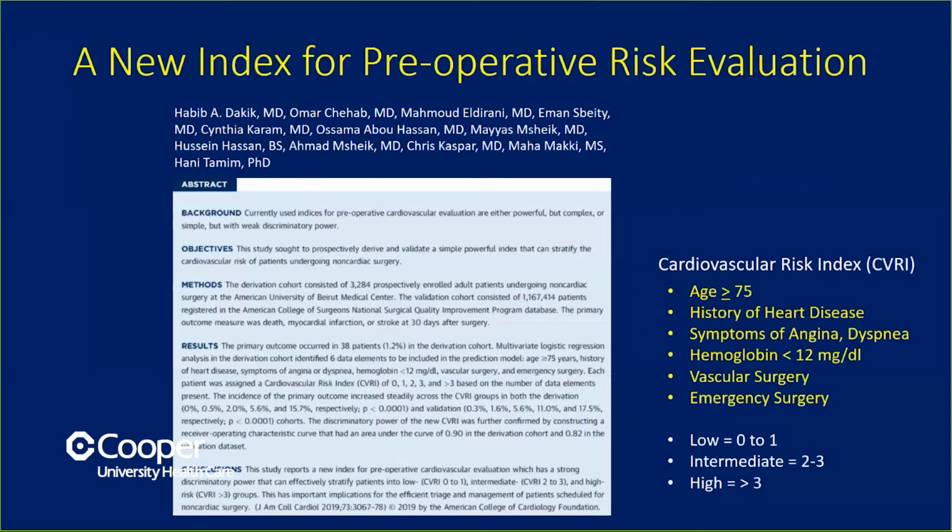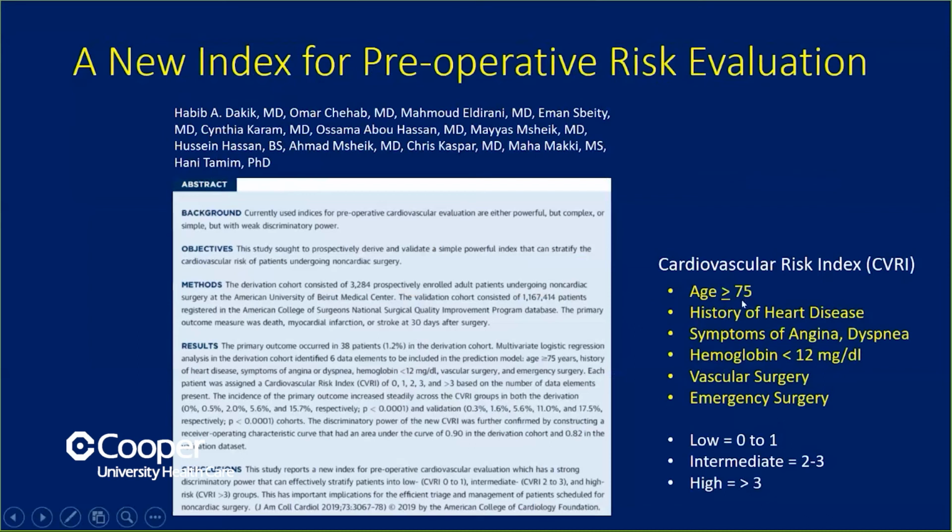And this is the last and newest one from 2019. This is called the CVRI, or CV Risk Index. It comes actually from Beirut, Lebanon, American University of Beirut. And they looked at over 3,000 patients. The RCRI was based in about 1,500 patients. This is double that. And they found the following 6 major risk indicators.